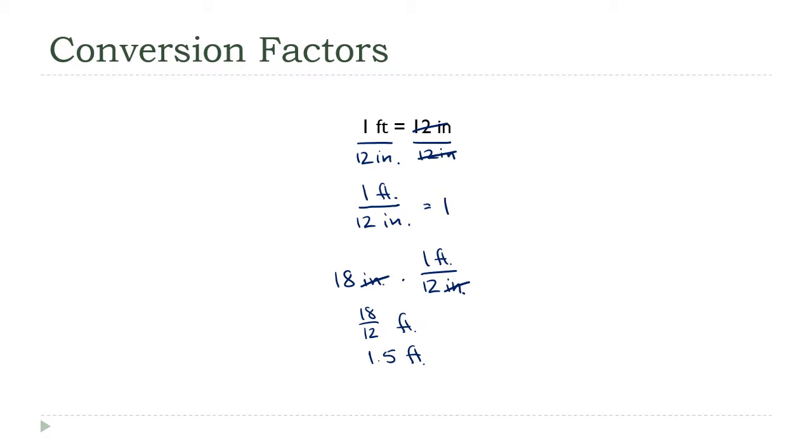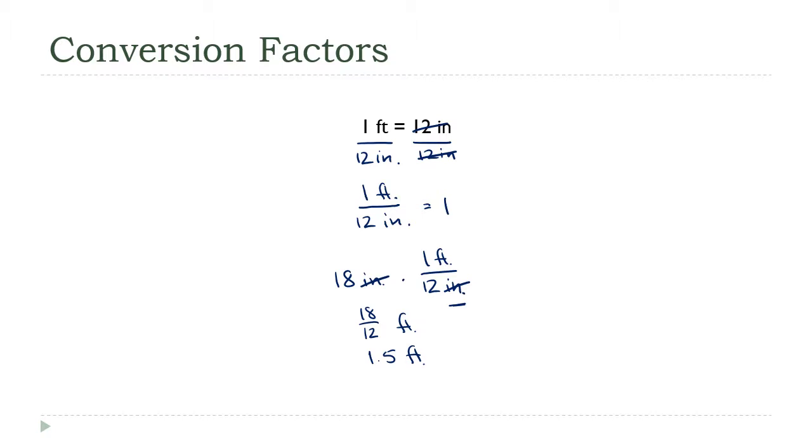Right? Well, the answer is to think about where you want to end up. If you're starting with inches, for example, like I did here, then you want the inches to go away. Right? So to make that happen, the inches have to be on the bottom of the conversion factor so that they cancel with the inches in the original measurement.